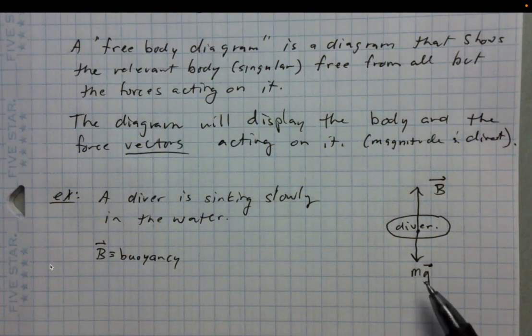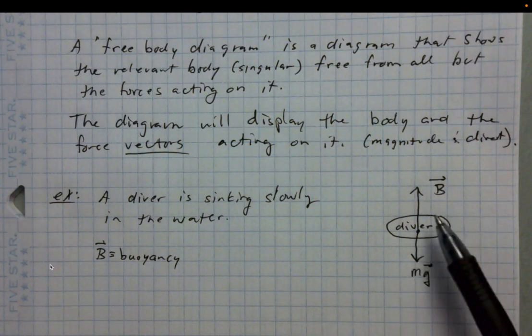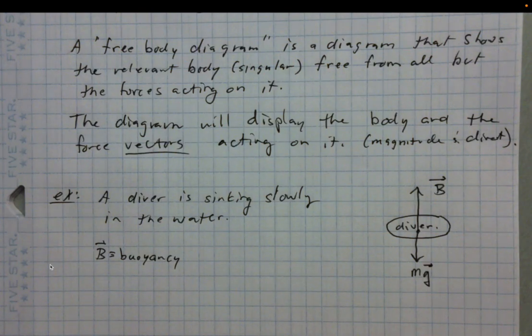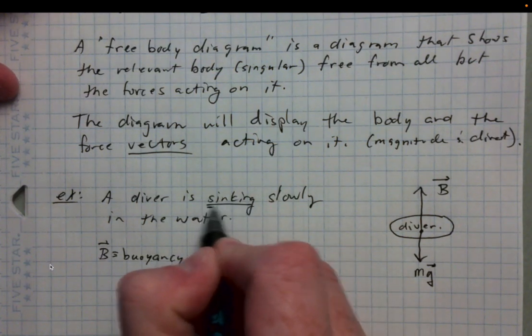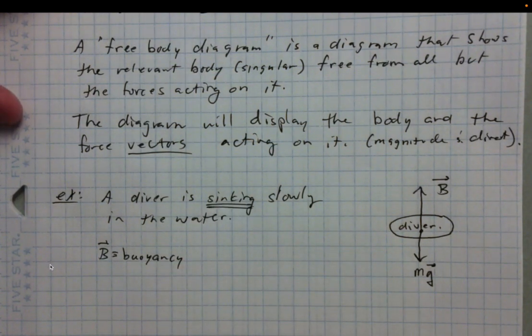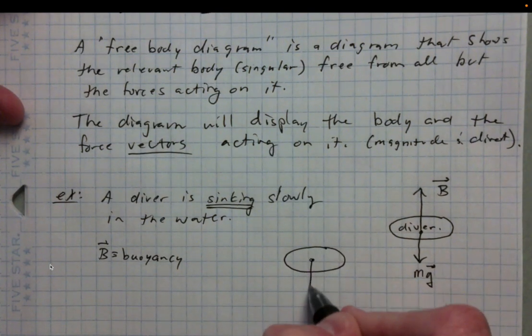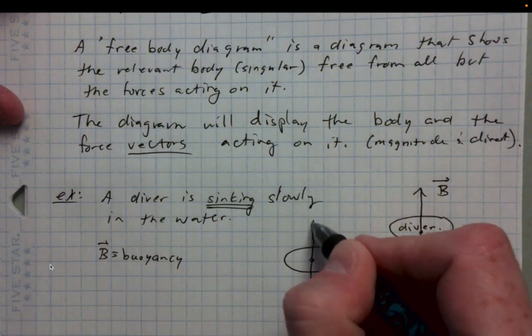So you really do have the force of the diver's weight pulling them down, and then you have the buoyancy offsetting the diver's weight to some extent. Now this isn't a great free body diagram because it does say that the diver is sinking, and the implication there is that actually mg is somewhat larger than b.